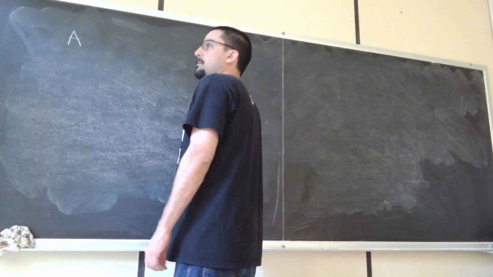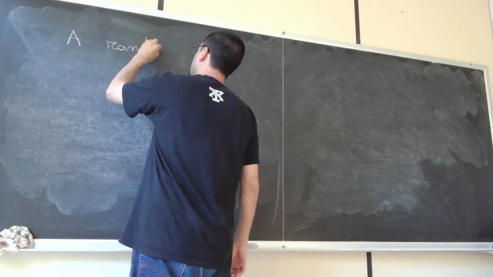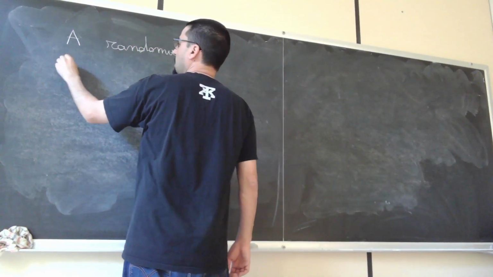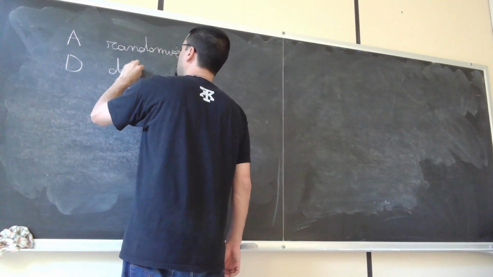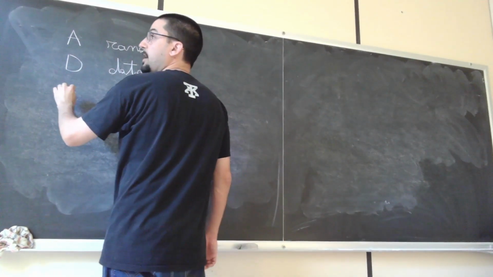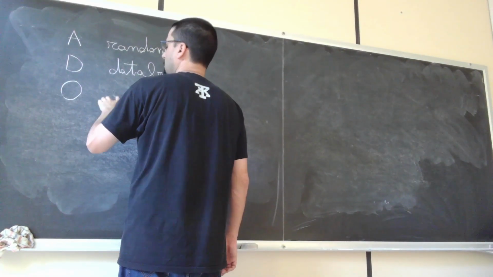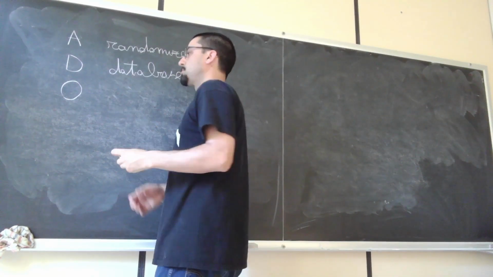Then we have the database D that we are trying to protect. And then we have an output space, which is the space of the possible answers to the query.